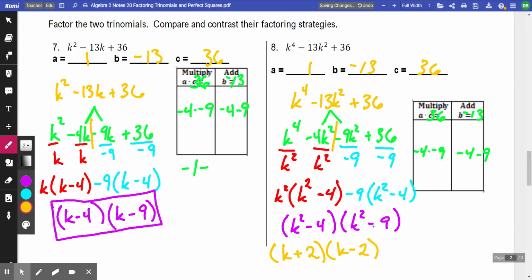And we can do the same with k squared minus 9. We have two terms being subtracted, and we know the square root of both of those terms. So we take the square root of k squared in this factor, which is k. We know that one will be a plus, one will be a minus, and the square root of 9 is 3.